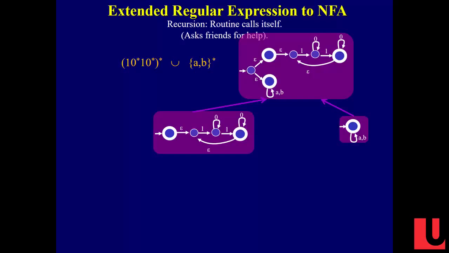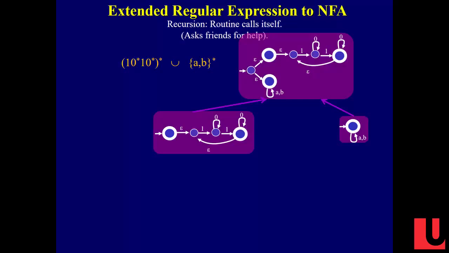I don't know unless you go in and study it that the empty set is in one of them. The empty string is accepted, but only because I can follow this and accept. Empty happens to be in both of these, but the guy who's doing the union doesn't know that.